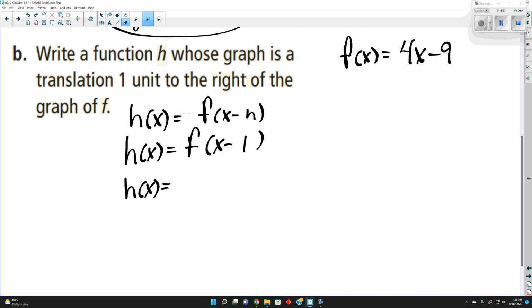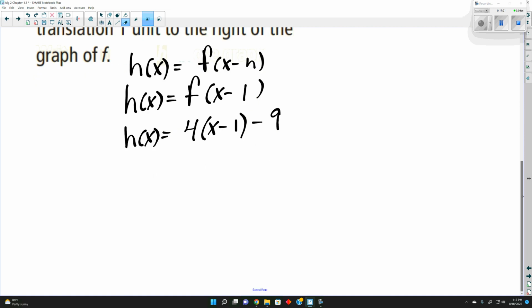Just like the one before, now we don't have f of x. We have f of x minus 1. So every place that there's an x in the function, we're going to replace it with x minus 1. So what we'll have is 4 parentheses x minus 1 minus 9. Now we need to distribute the 4. 4 times x is? 4 times negative 1 is?